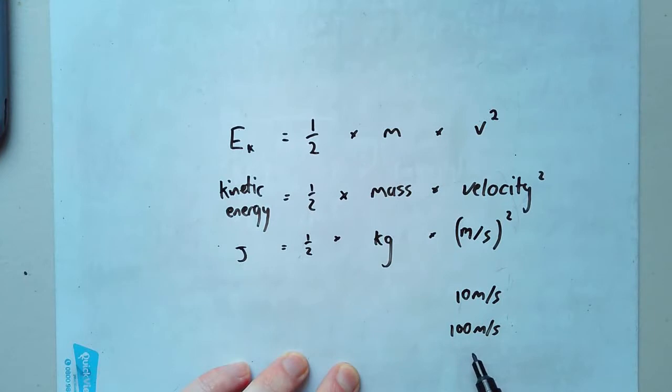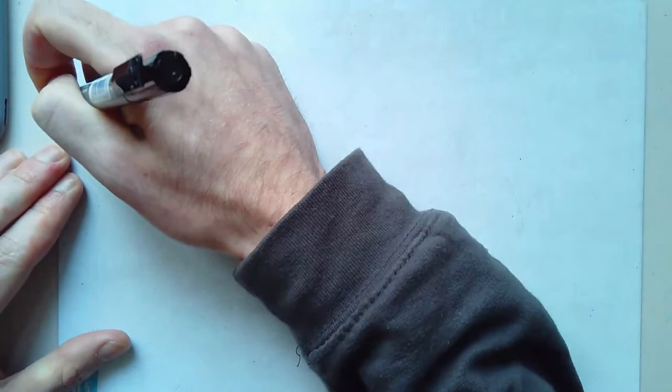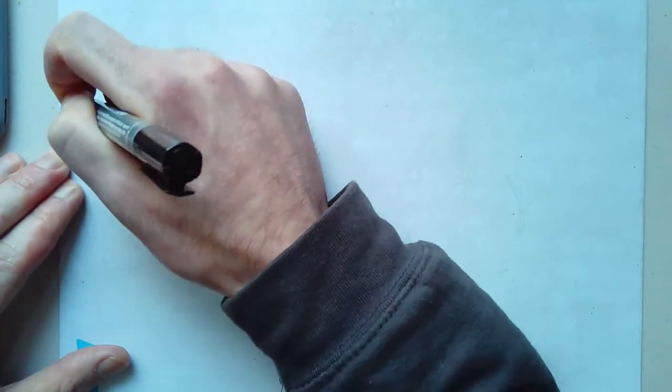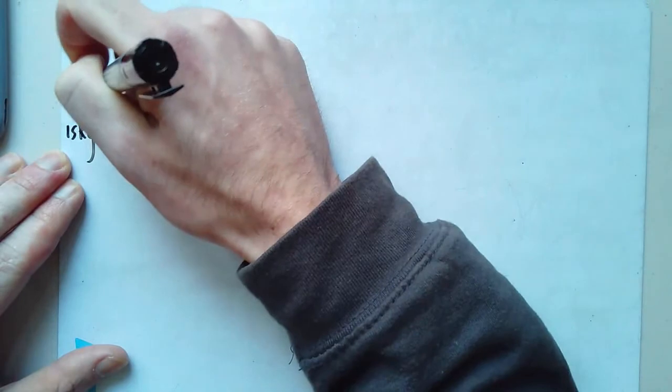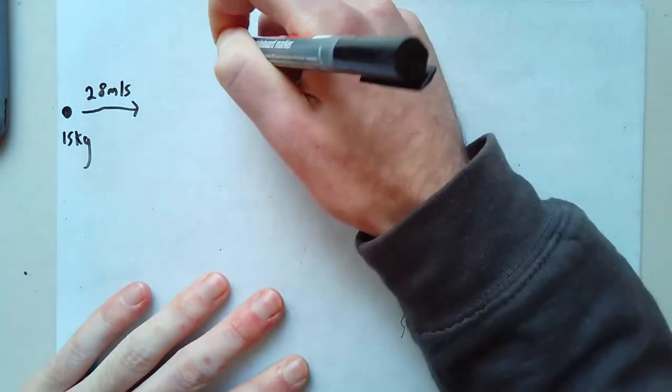All right, let's do a couple of examples. Let's say I've got a ball which has a mass of 15 kilograms and it's moving at a velocity of 28 meters per second. DESCU every time.